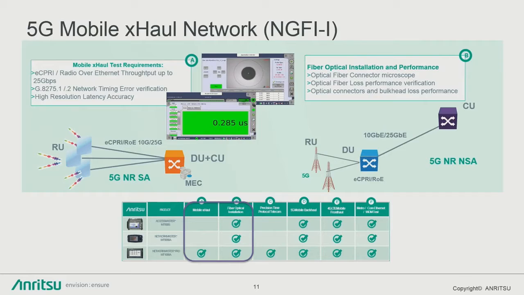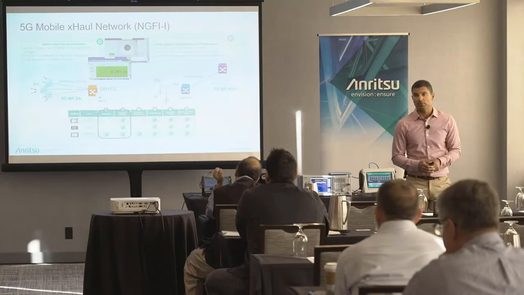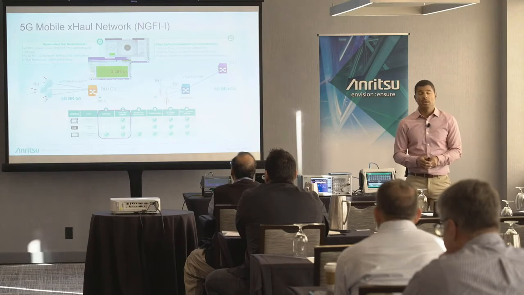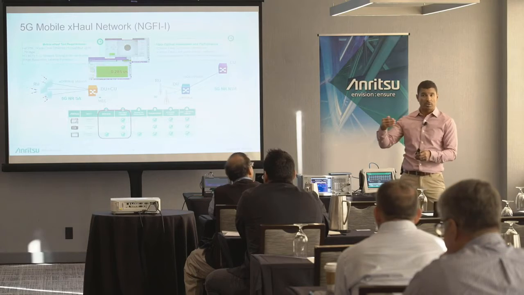You'll also notice that the requirements are a little bit different. You're going to see terms such as eCPRI and radio over Ethernet throughput. eCPRI and ROE, radio over Ethernet, is replacing CPRI, and I'll explain why. A lot of it has to do with the applications for 5G, where we start talking about enhanced mobile broadband, which is a much higher bandwidth requirement.